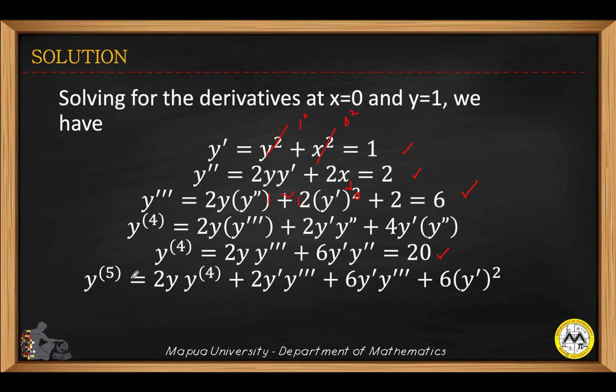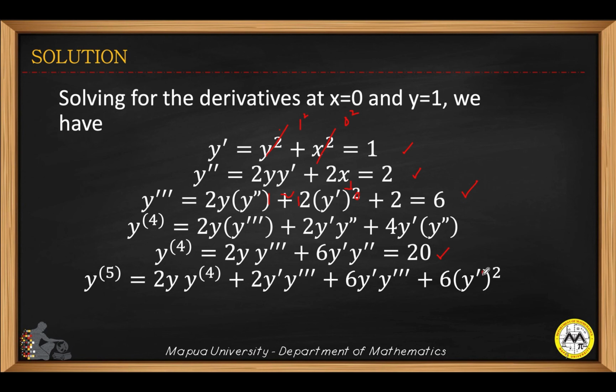And then for the fifth derivative, this will be 2y, y to the fourth power, the derivative of y triple prime, product rule, so copy y triple prime, then 2y prime, the derivative of 2y. Product rule again, so 6y prime, triple prime, copy, then the derivative of 6y prime is 6y double prime.